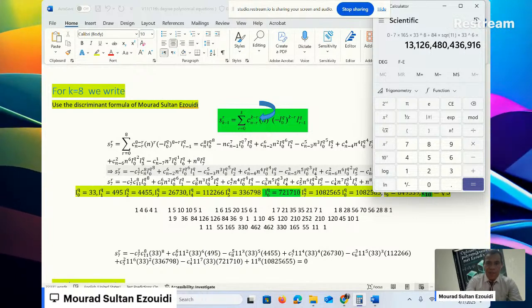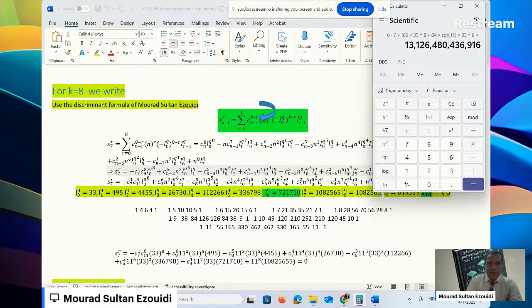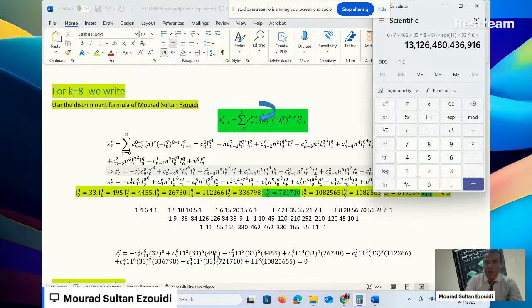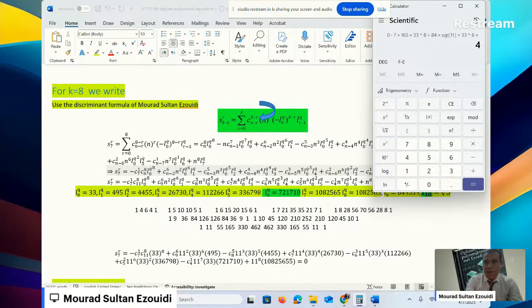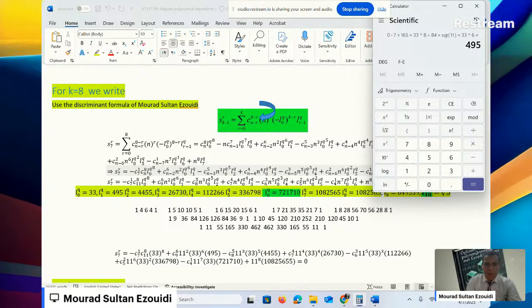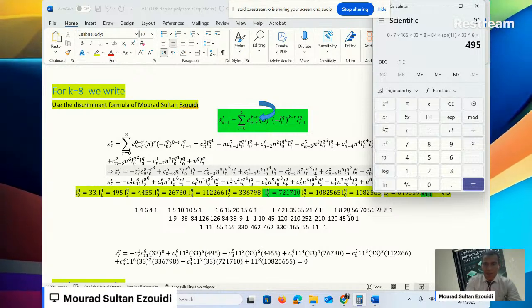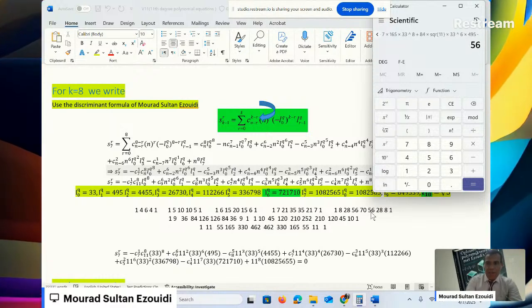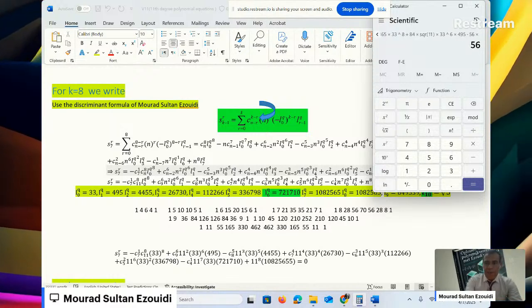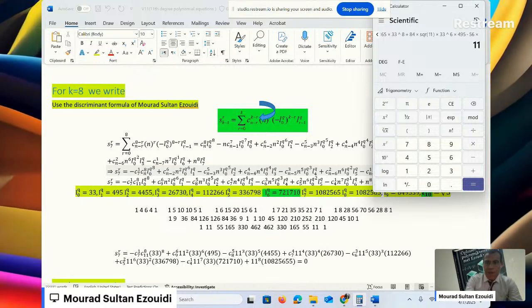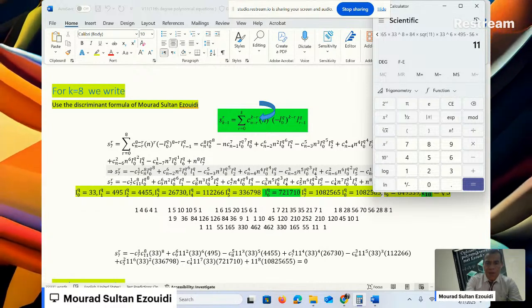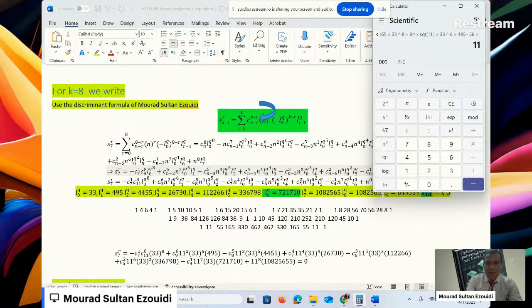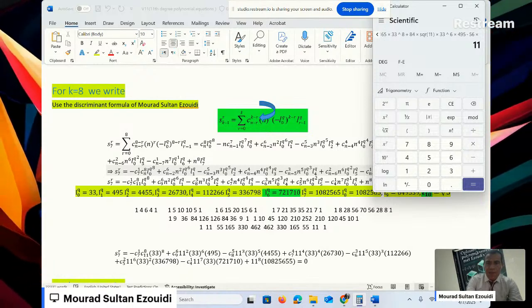Okay. Times, my kids, 495 times 495. Then minus 8 to the power, 1, 2, 3, 4, 5. Minus 56. Multiply by 11 raised to the power 5, 8 is 56.